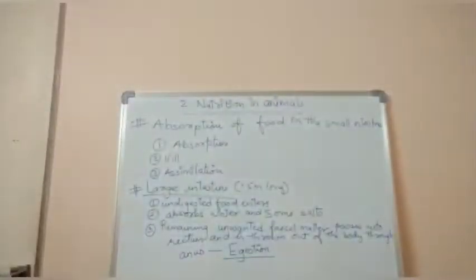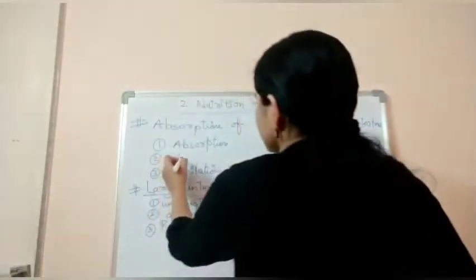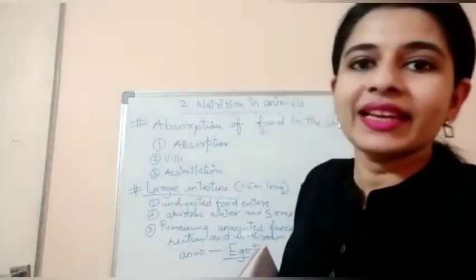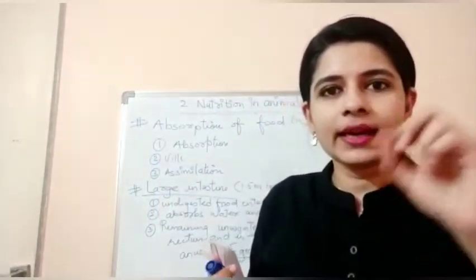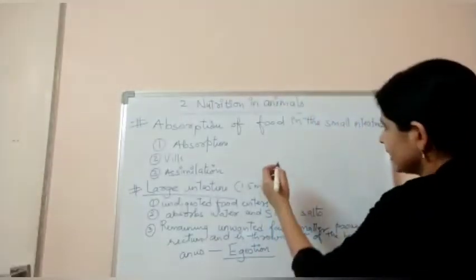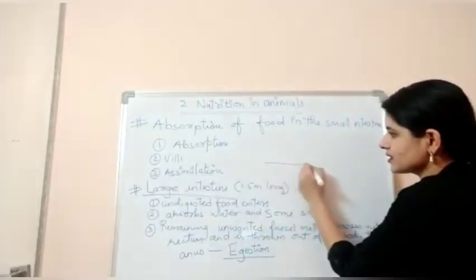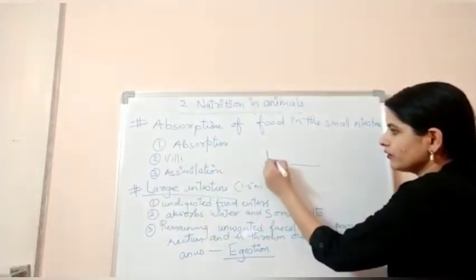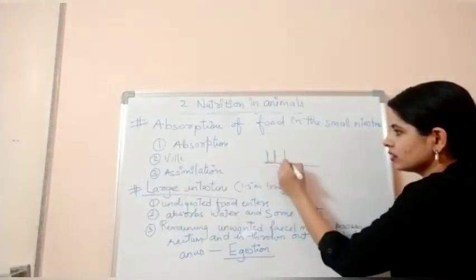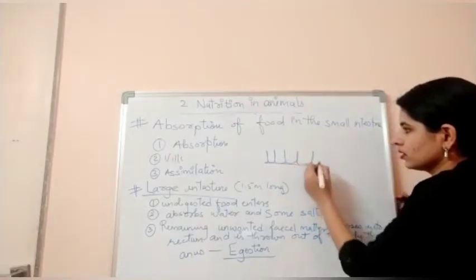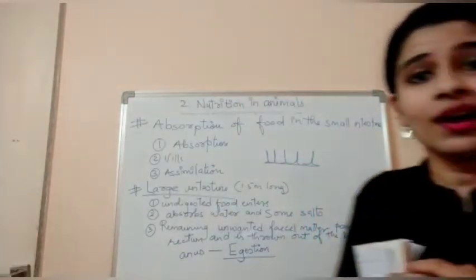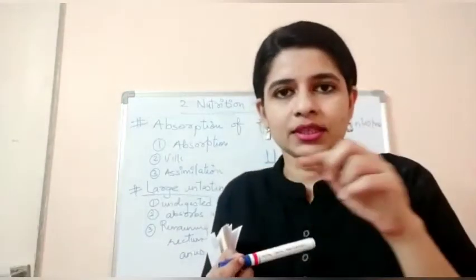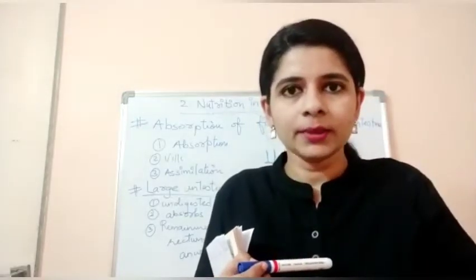Villi is a finger-like substance. Just imagine this is the inner lining of the small intestine, then it will have thousands of finger-like growths in it.